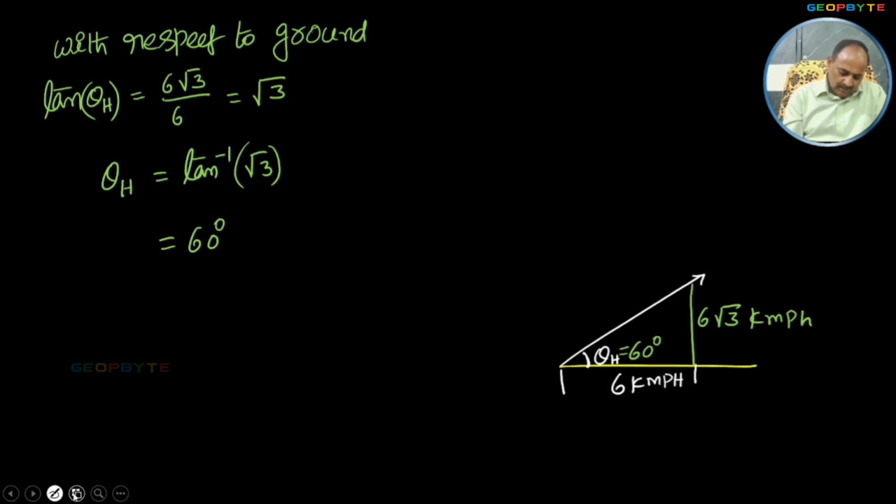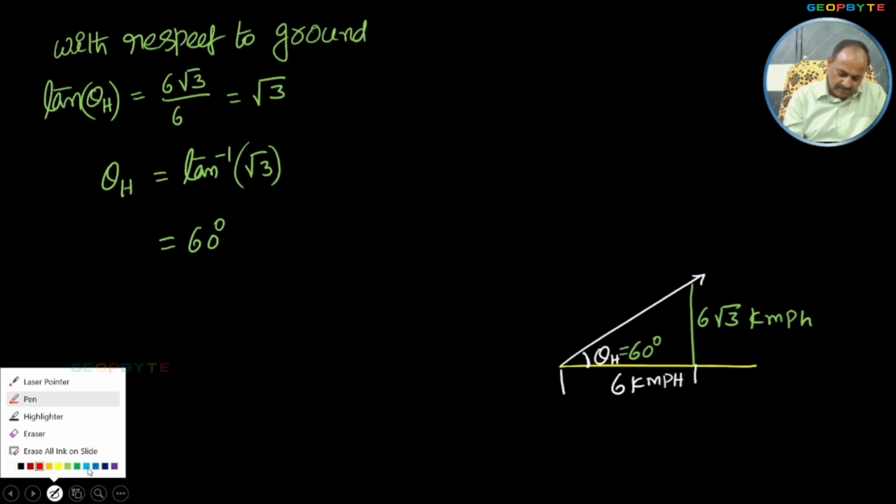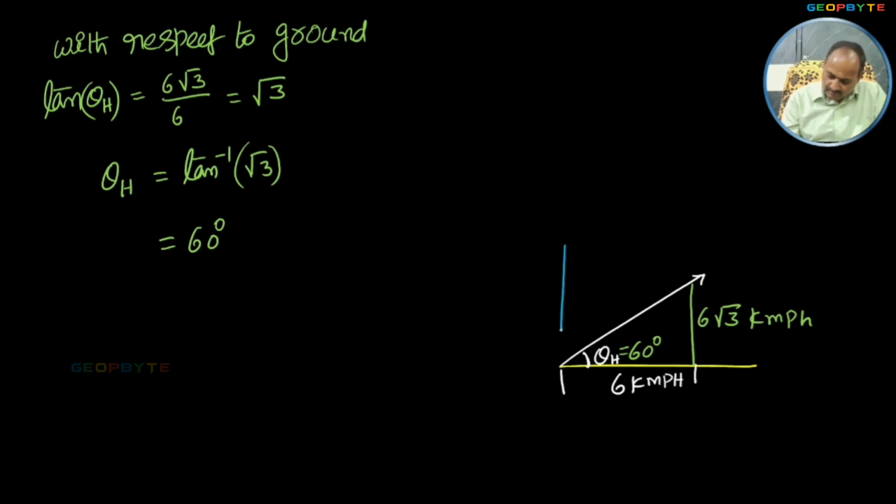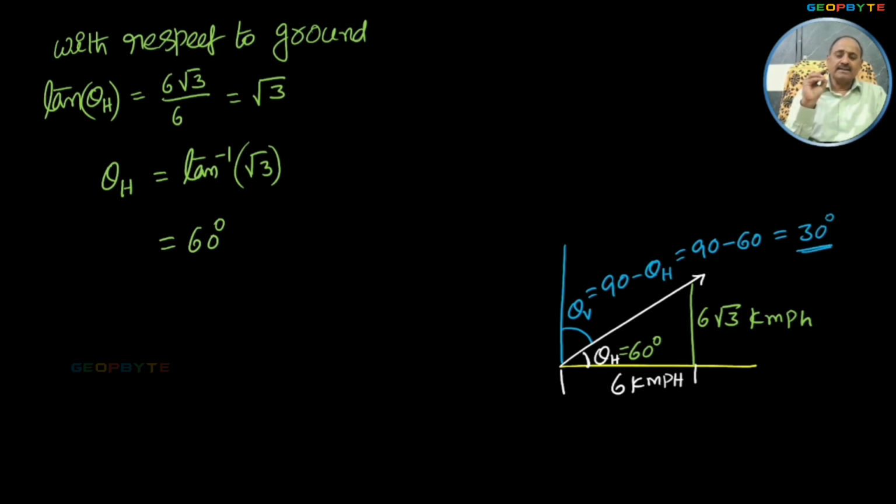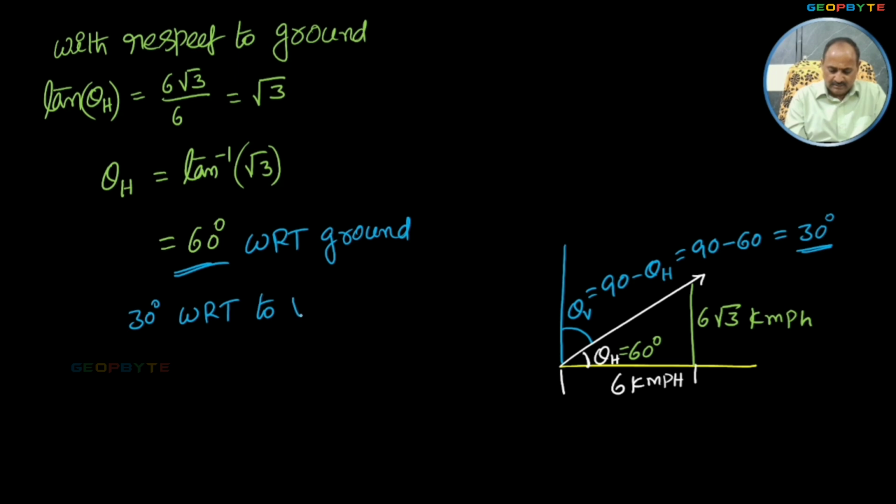With respect to vertical, theta equal to 90 minus theta with respect to horizontal, equal to 90 minus 60 equal to 30 degrees. So the umbrella must be kept at an angle 30 degrees with respect to vertical or 60 degrees with respect to ground.